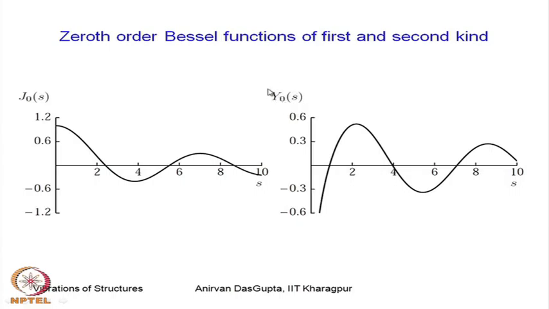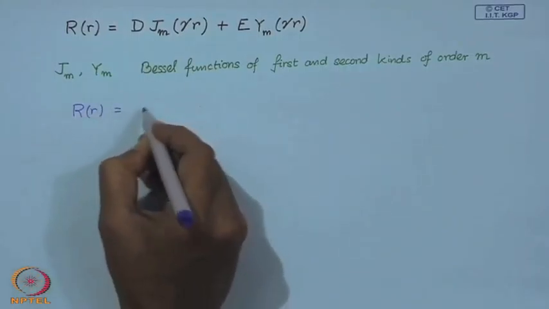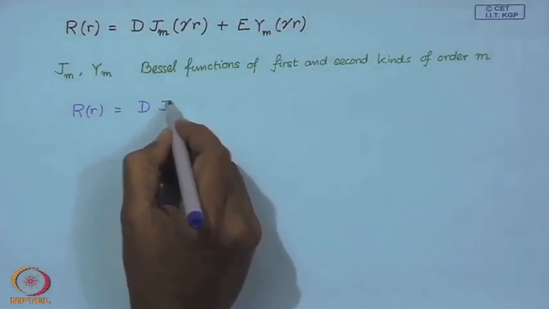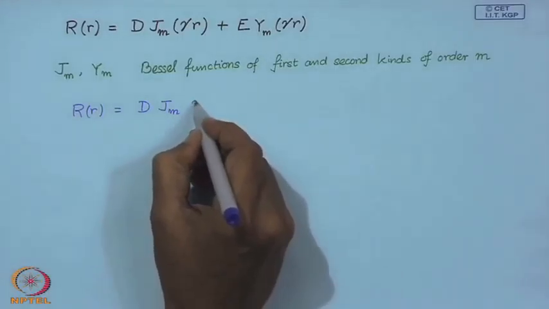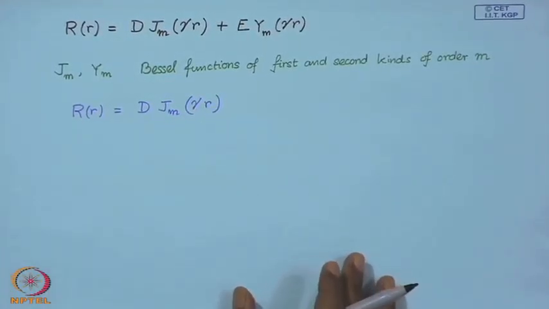Bessel functions of all orders of the second kind have this kind of singularity. So, we must express our solution only in terms of the Bessel function of the first kind.